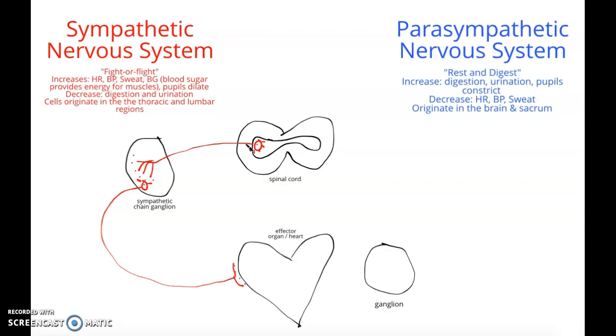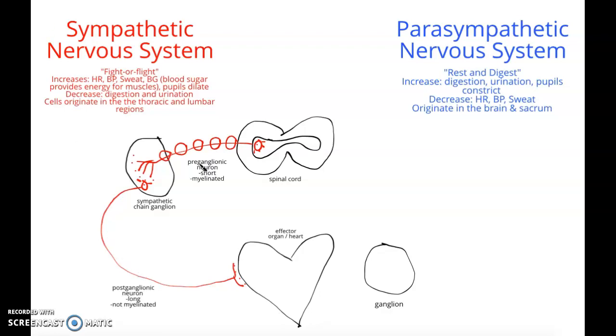So the preganglionic neuron is myelinated. So we draw these little bubbles of myelin. It's pretty short. It's close to the sympathetic chain ganglion. And then the postganglionic neuron here is not myelinated, and it is pretty long.